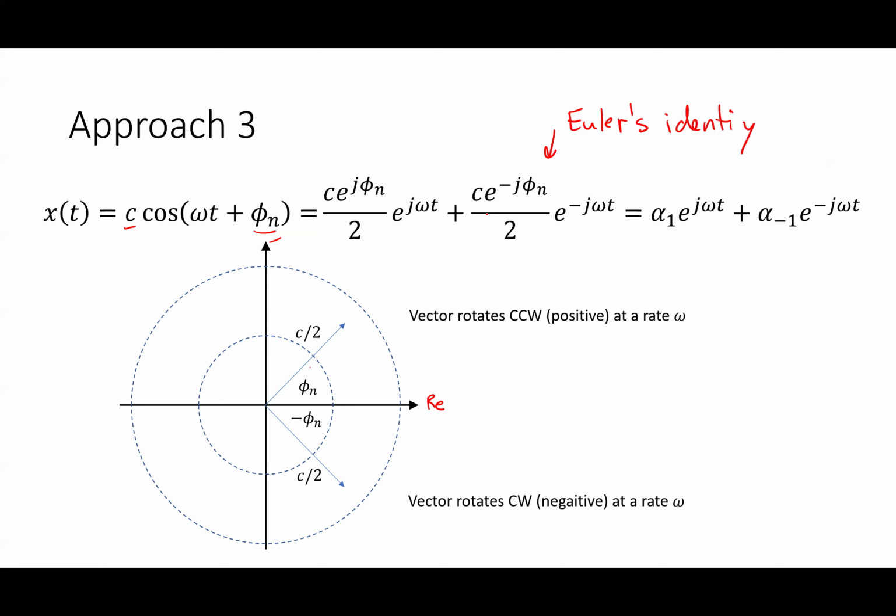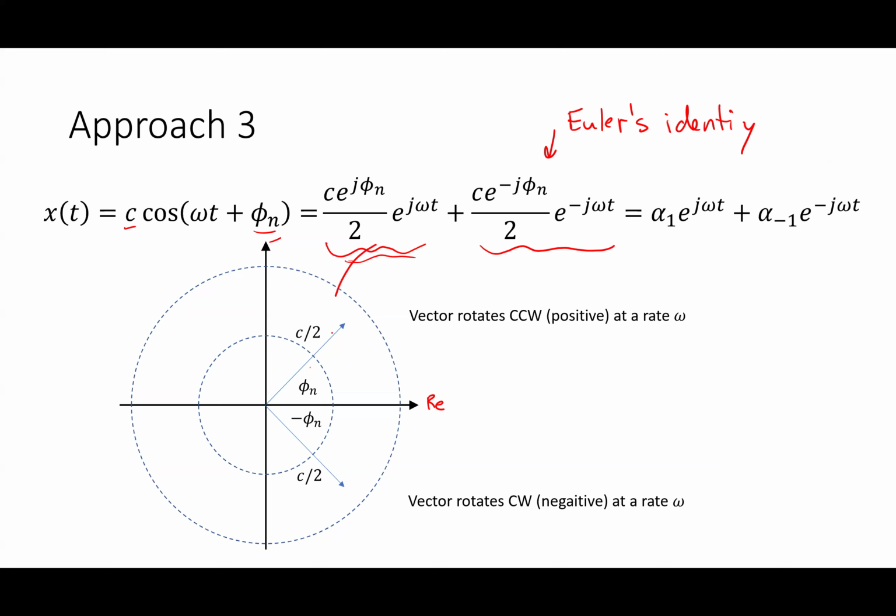Which one of the vectors rotates in a positive direction? Is it this one or this one? Which one rotates in the positive or counterclockwise direction? Yes, this one. This one moves in the positive direction, counterclockwise.